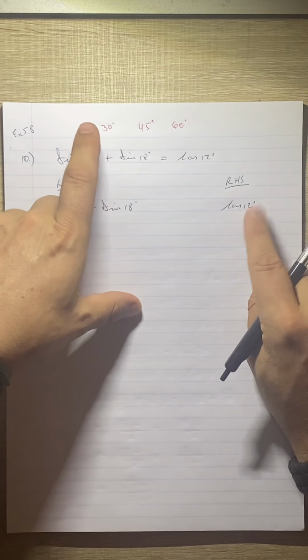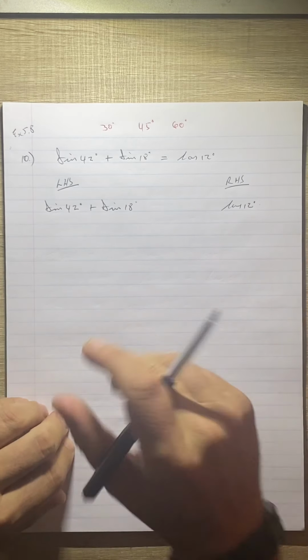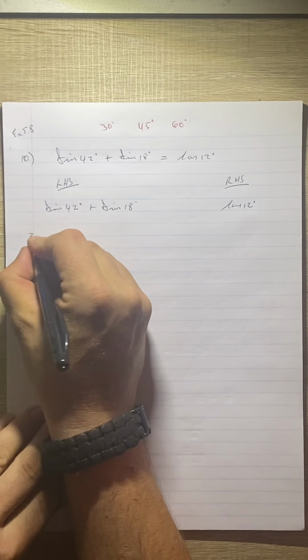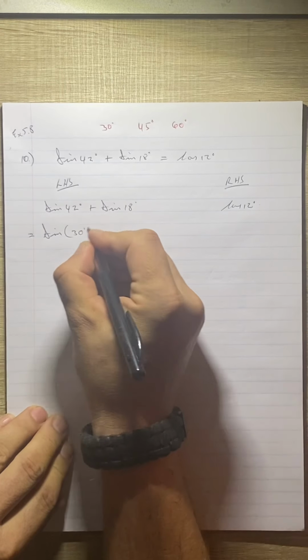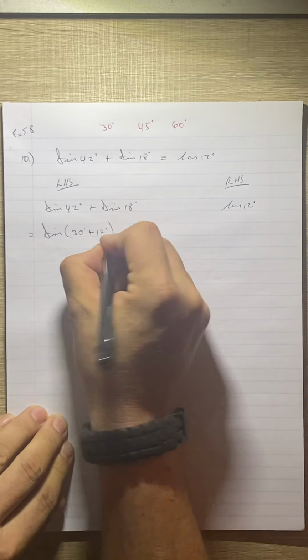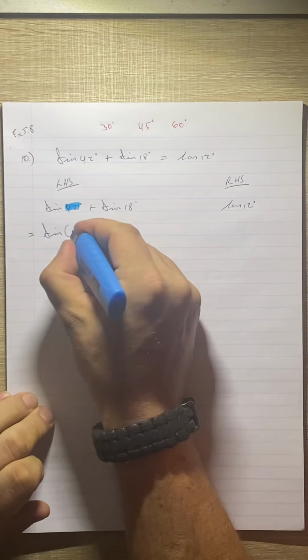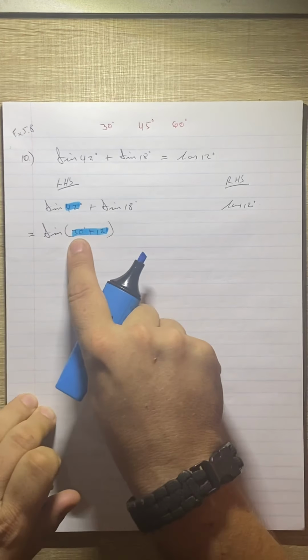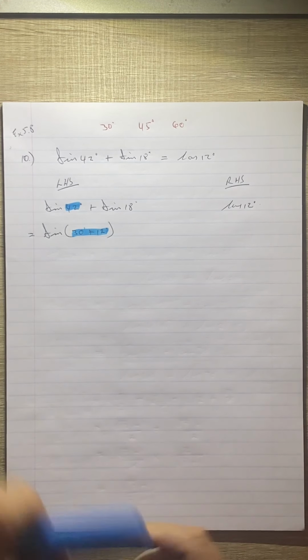Well, I can see that 12 plus 30 will give us 42. So this one over here, I can change to sine 30 plus 12. So this 42 became that, and I've introduced a special angle, and I've introduced that angle 12.